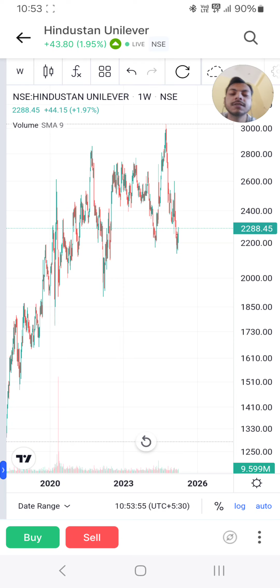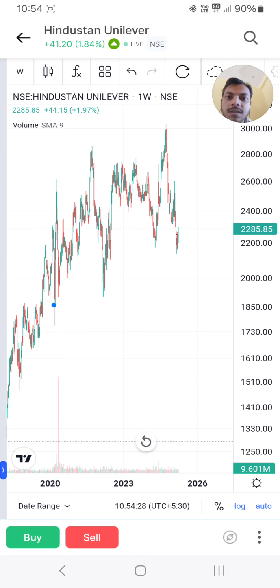We have opened the HUL chart, Hindustan Unilever chart, and as in the previous videos we are starting from weekly time frame analysis. On the weekly time frame we can see that after the COVID crash, 2020, other stocks rallied quite a lot, there was a massive rally in others, but there was not an outstanding rally in this one.